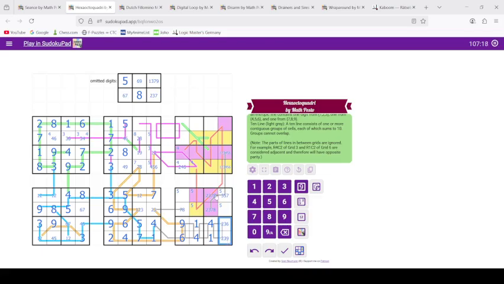Well, if this were a 3, 7. There we go. If this were a 3, 7, this would be a 5.